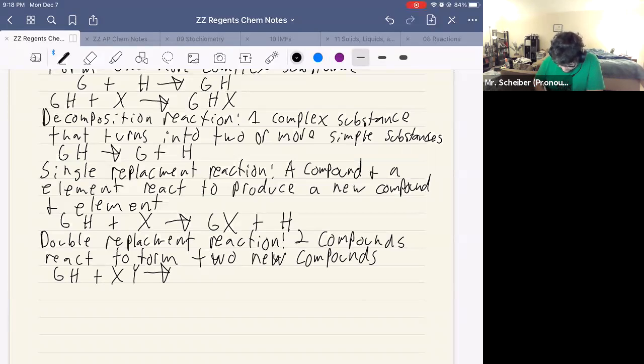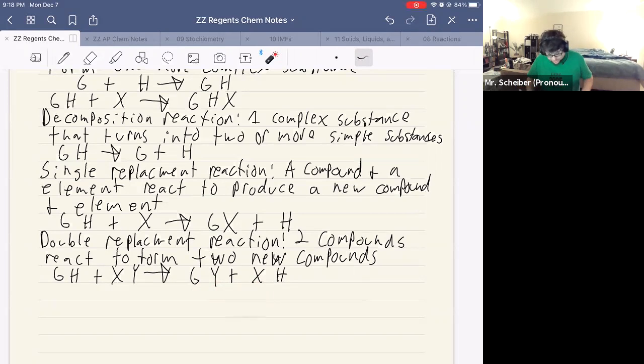And so we have GX plus HY, and that's going to become GY plus XH. So we can see that we had the Y and the H flipping out, and the X and the G, right? We had kind of two different replacements there, right?